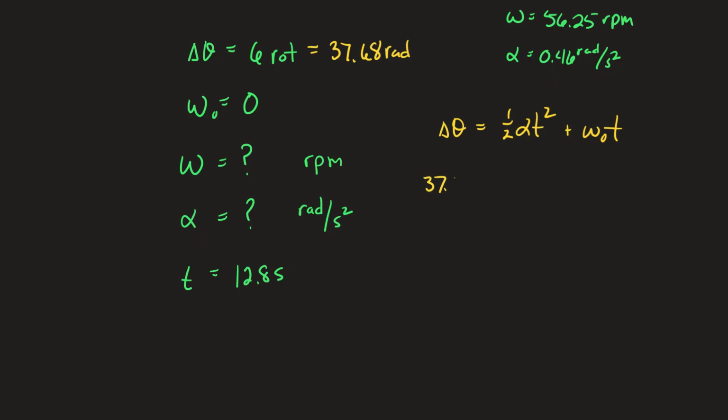So 37.68 equals 1/2 times alpha times 12.8 squared. You work that out. Alpha is going to be about 1/2 a radian per second squared. Any problem with that? What was the conversion for rotation? One rotation is 2 pi radians.